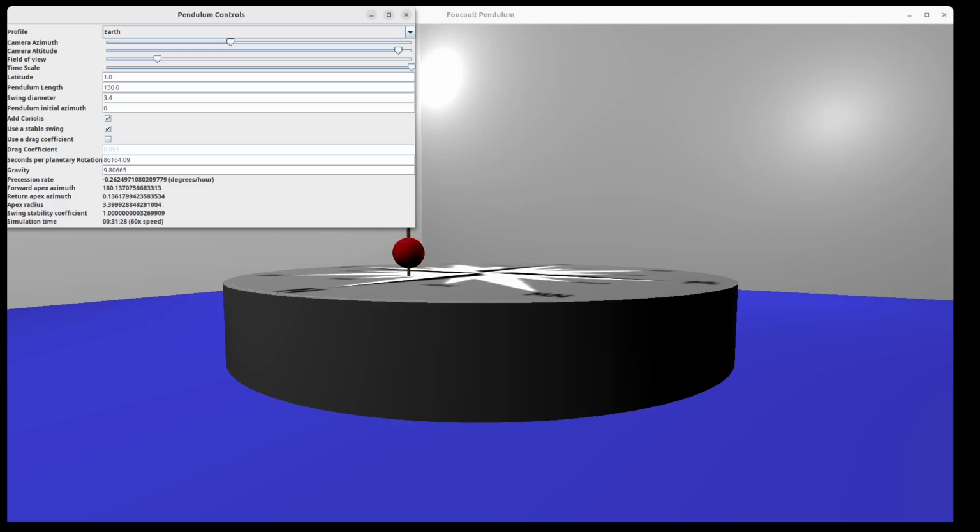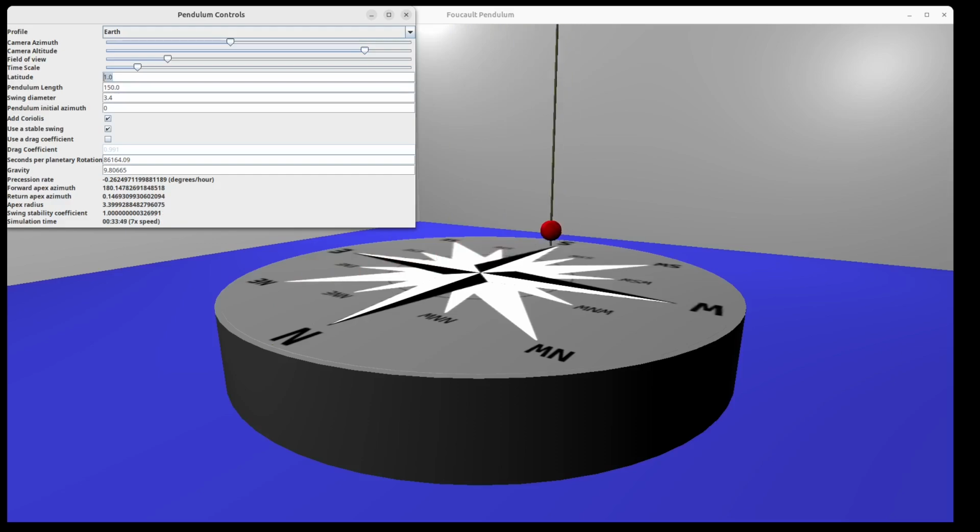After that, you've got latitude, so you can say I want 45 degrees north, or maybe 45 degrees south. The pendulum length has to be longer than the swing diameter. I can choose a swing radius of 1 meter, and I can, for example, choose a pendulum length of 1.2 meters.